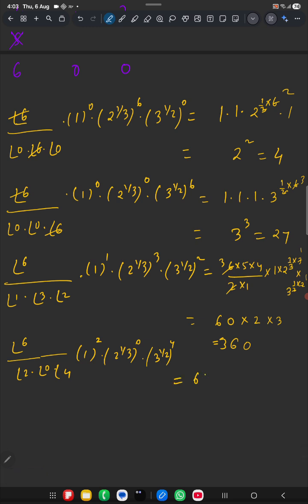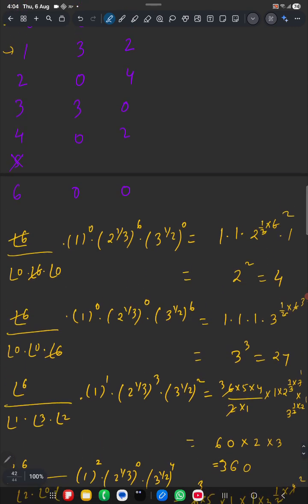Here we will write 6 into 5, because factorial 4 will be out, 2 into 1, then 1 power 2 is 1. 2 1 by 3 power 0 is 1, into 3 1 by 2 into 4. 2 3 are. You are getting 15 into 3 power 2, that is 15 into 9, that is 135.